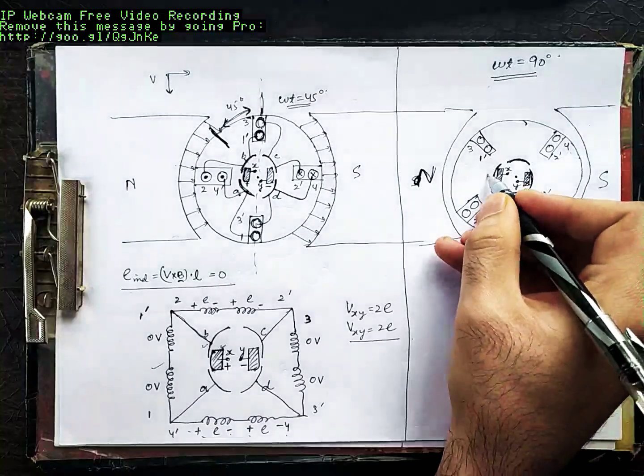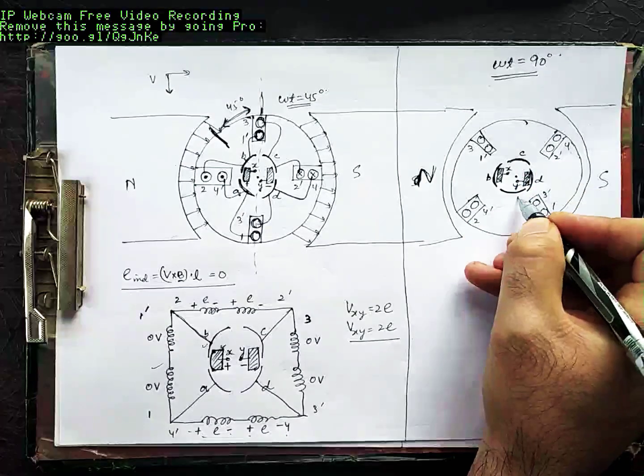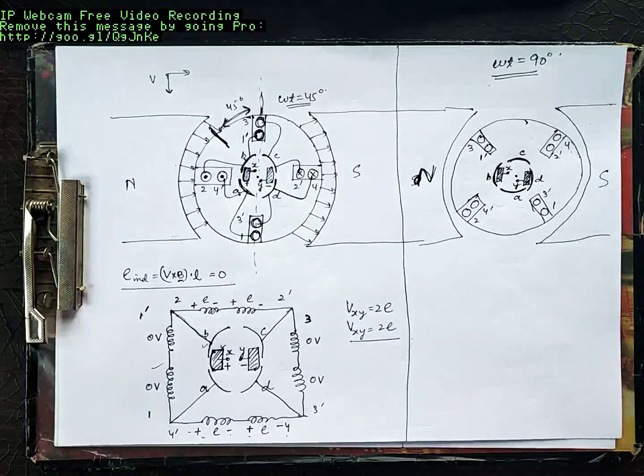This is segment B, this is segment C, this is segment D, and this is commutator segment A. The connection of commutator segment to coil is fixed because the commutator segments are themselves rotating with the rotor.